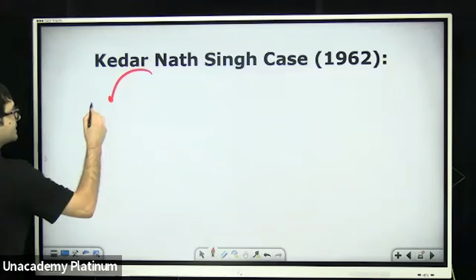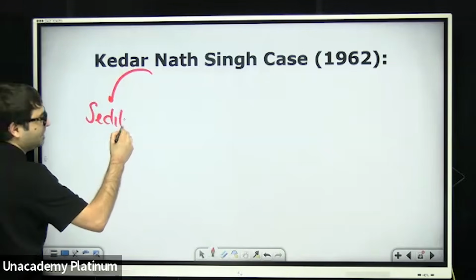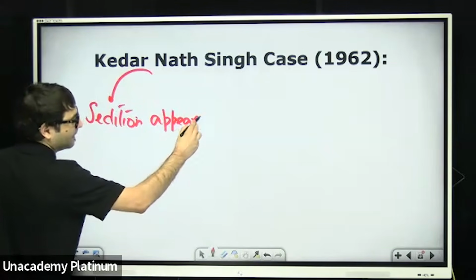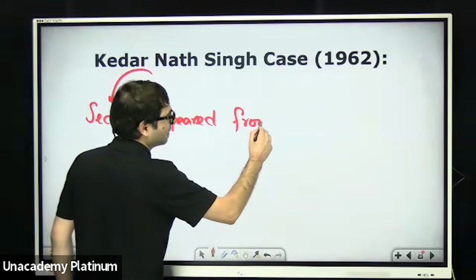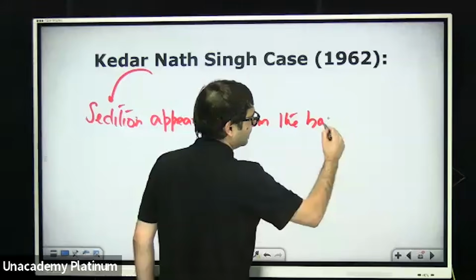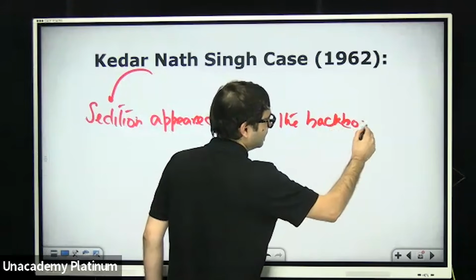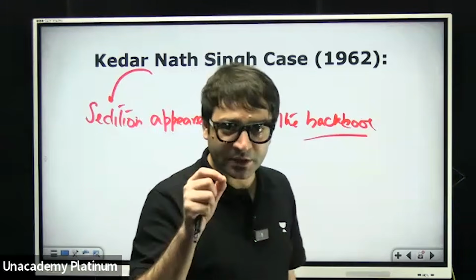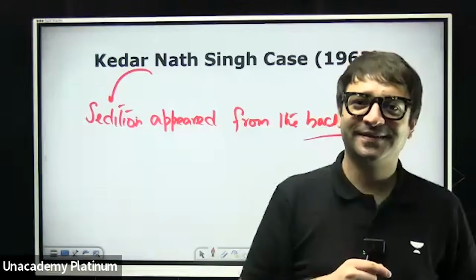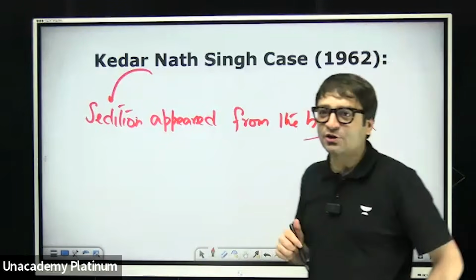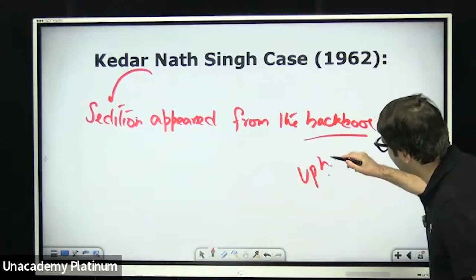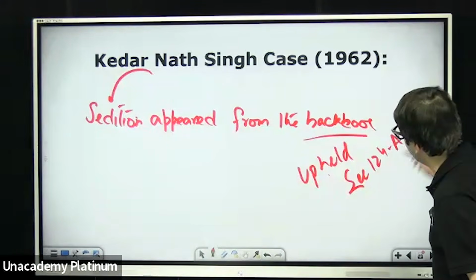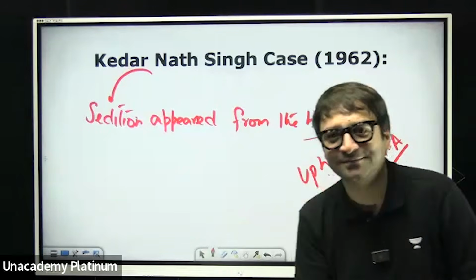In Kedarnath Singh case, sedition appeared from the back door. Because till this judgment, sedition is not a reasonable restriction on your free speech. Now, in Kedarnath Singh case, Supreme Court upheld the validity of Section 124 capital A. Supreme Court said this is constitutional.